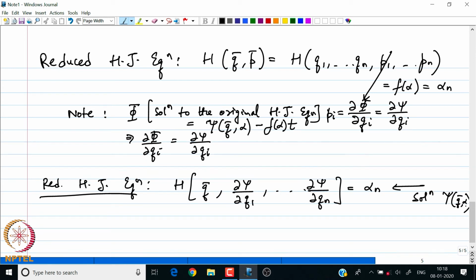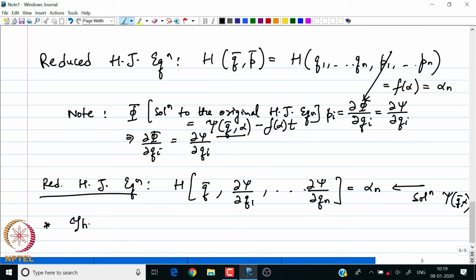So, the solution to the reduced Hamilton-Jacobi equation is psi. Note that the function psi is also the function which appears in the original solution to the original Hamilton-Jacobi equation, but this function psi is the solution to the reduced Hamilton-Jacobi. So, what is the relation between the original Hamilton-Jacobi and the reduced Hamilton-Jacobi?